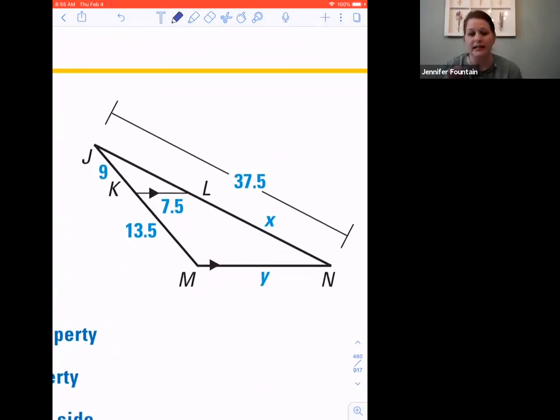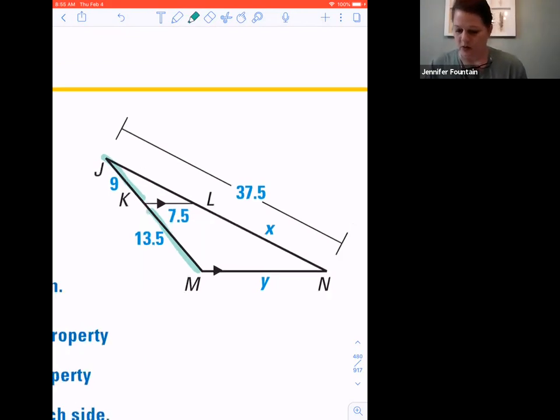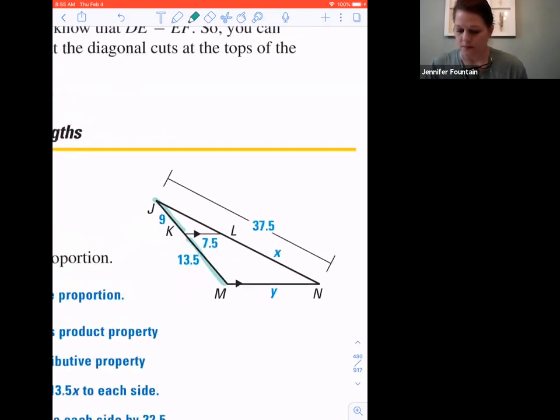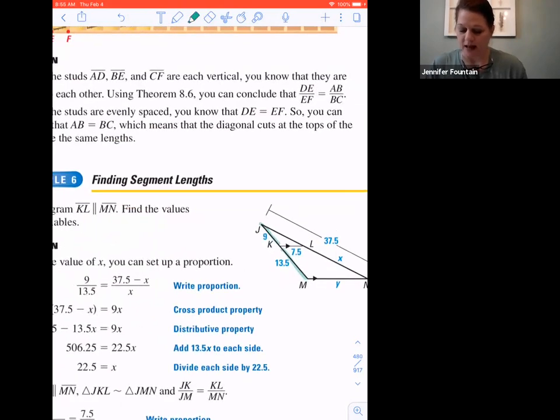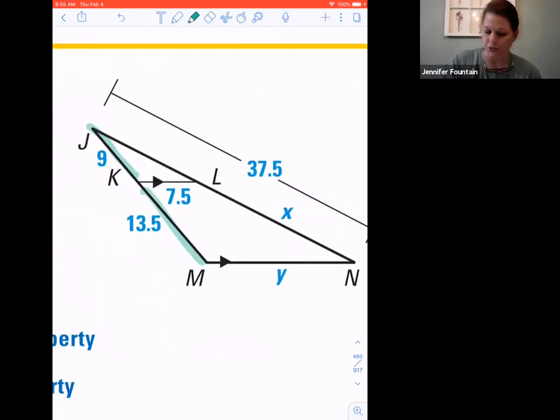I want you to start getting into the habit of looking at this and saying, hey, this is proportional to this, which means this is proportional to this. So I can set this up: 9 over 13.5 is going to be proportional to JL over LN.